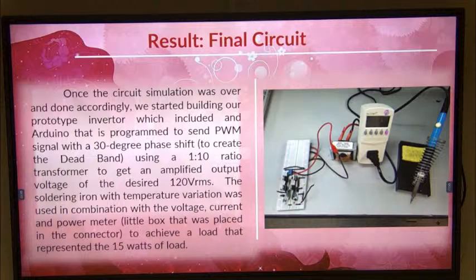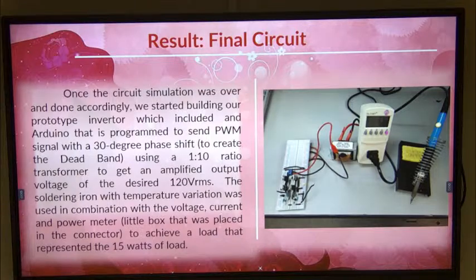In continuation, once the circuit simulation was done, we started building our prototype, which is seen on the board. At first, we had a prototype that used 4 boards, but we were able to optimize it to use half a board. And also, it is seen that it's connected to a transformer, the load.